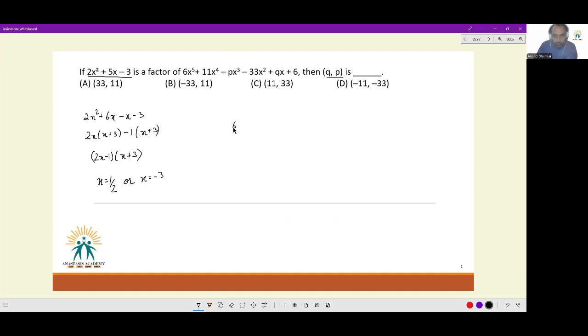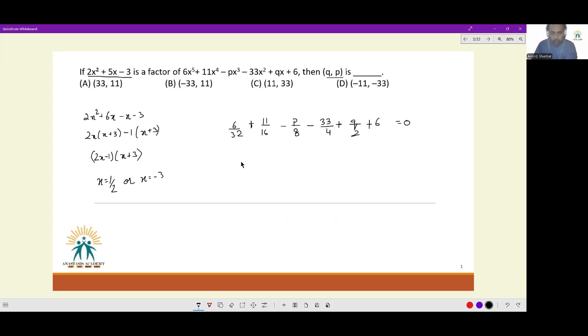First will be 6 by 32 plus 11 by 16 minus p by 8 minus 33 by 4 plus q by 2 plus 6. This has to be equal to 0.